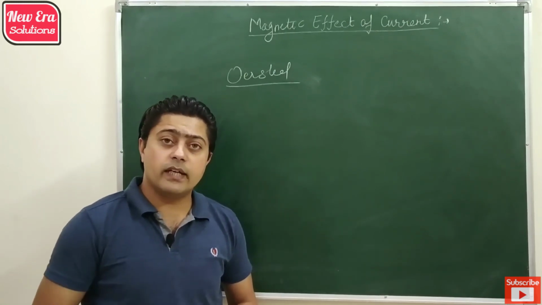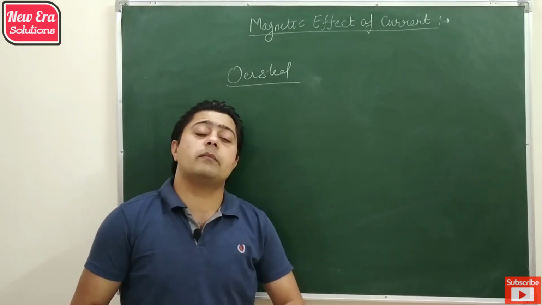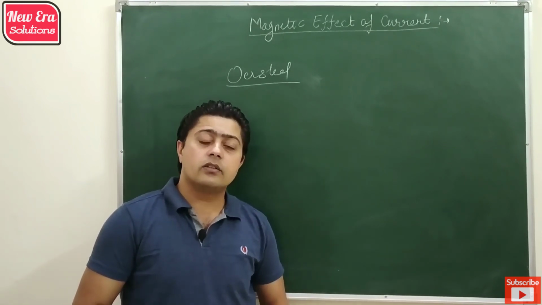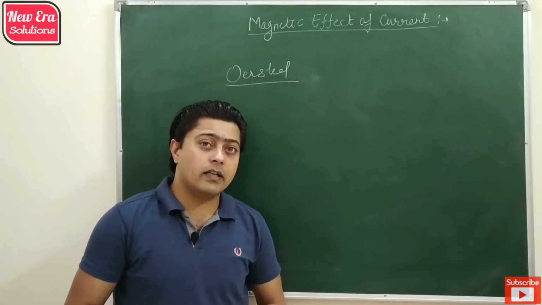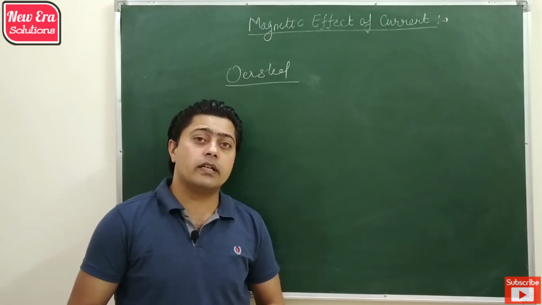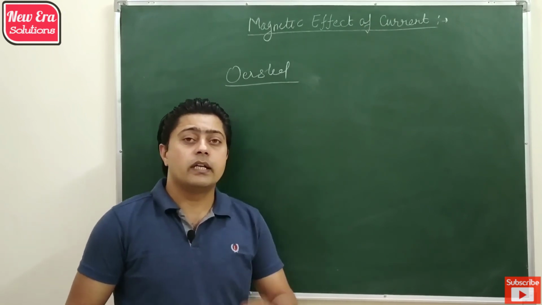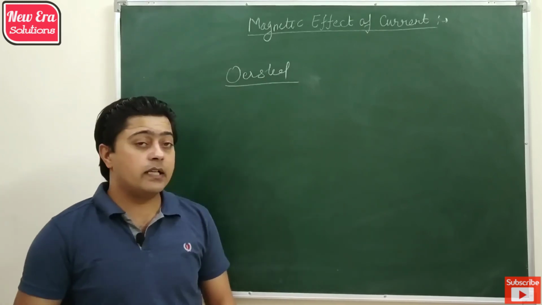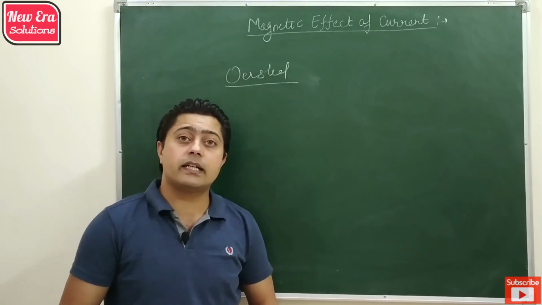And we already know that a needle can show deflection only when there is a magnetic field around it. So when current flows through the wire, there must be a magnetic field around it which is deflecting the needle. So in Oersted experiment, we initially observed the magnetic effect of electric current.